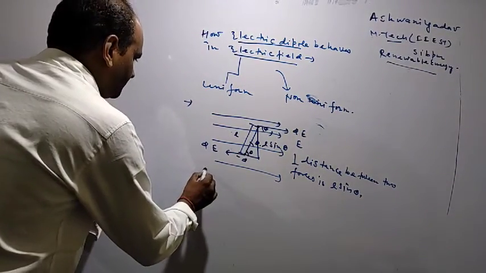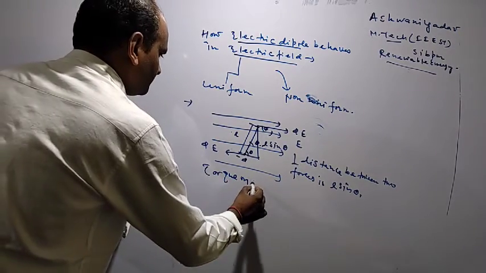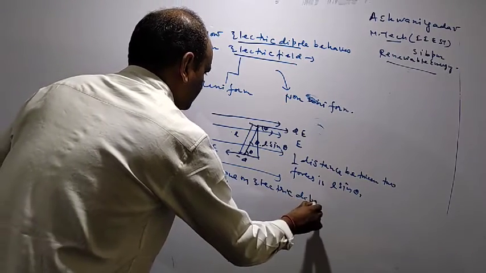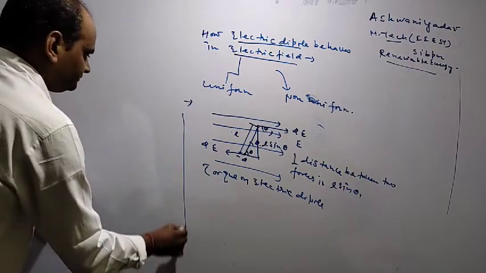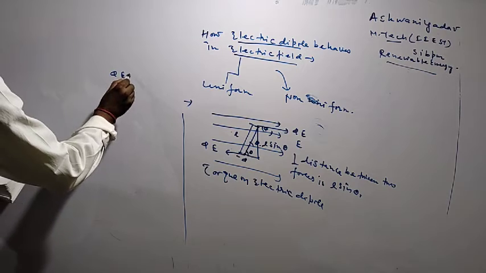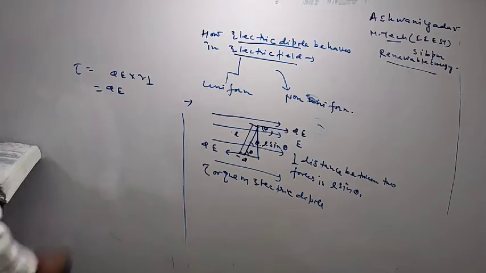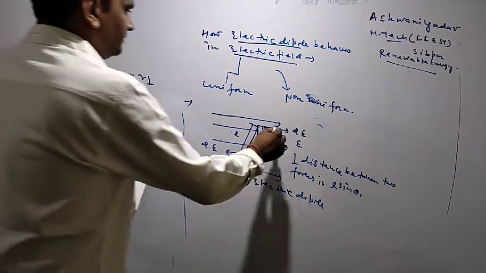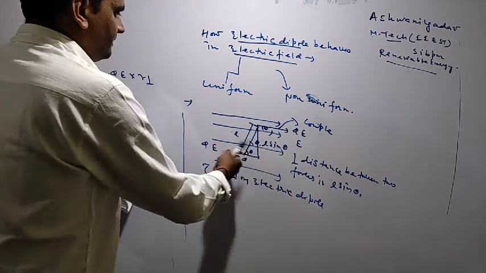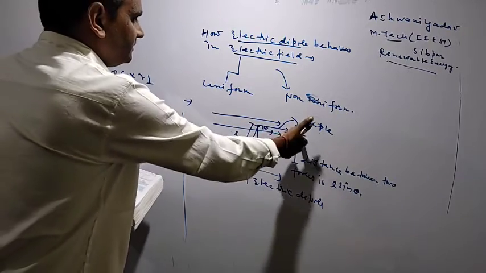We can define torque on electric dipole as force into R perpendicular. This is torque. This is QE. This will make the couple, these two forces anti-parallel to each other, and the perpendicular distance between them, and this is a couple.